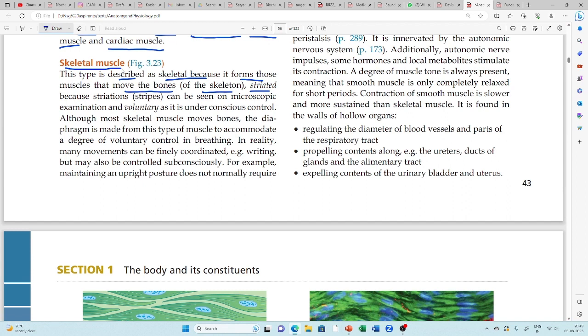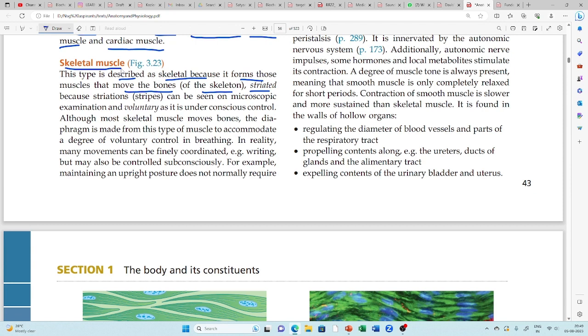What is the structure? It is striated because striations can be seen on microscopic examination, and it is voluntary, as it is under conscious control. We can control the movement of skeletal muscles. We decide whether to walk or sit, whether to straighten my leg or bend my leg.